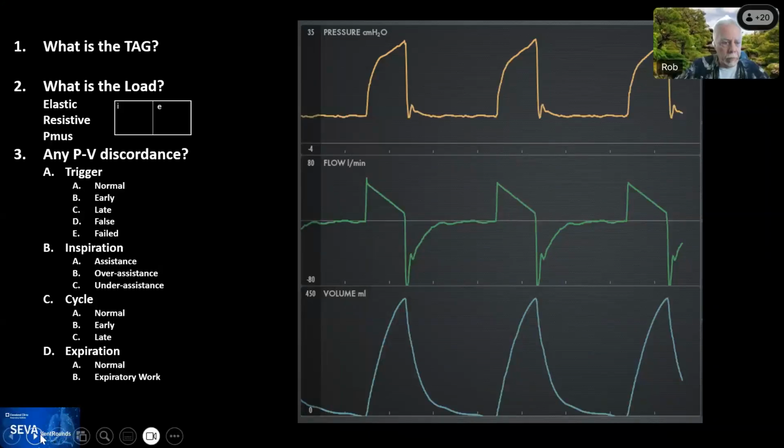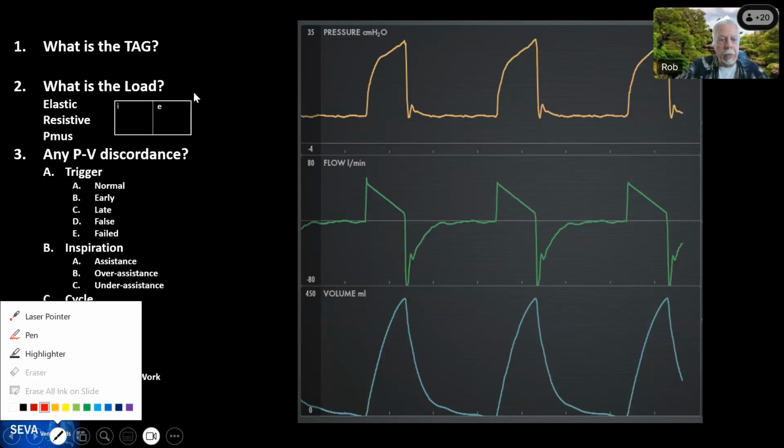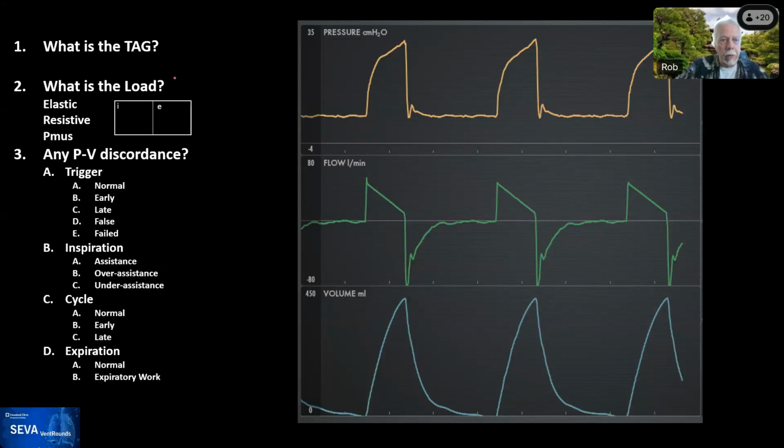Okay, we got volume control, CMV. This looks good. So, what we see here, we have volume control.